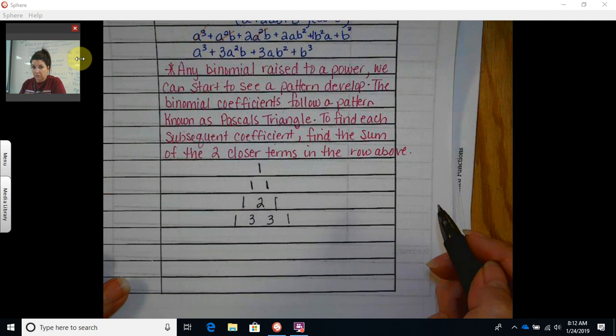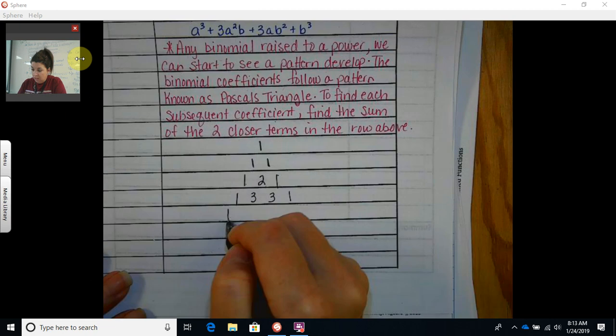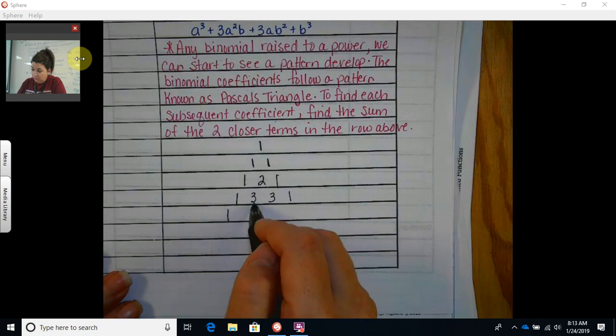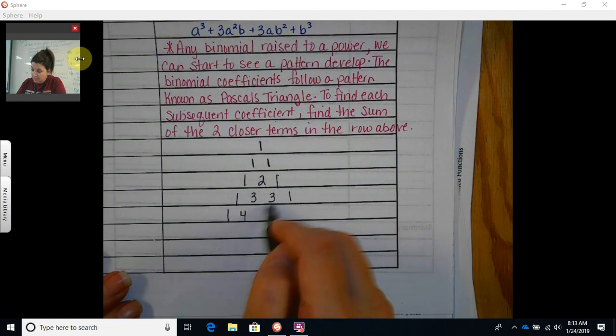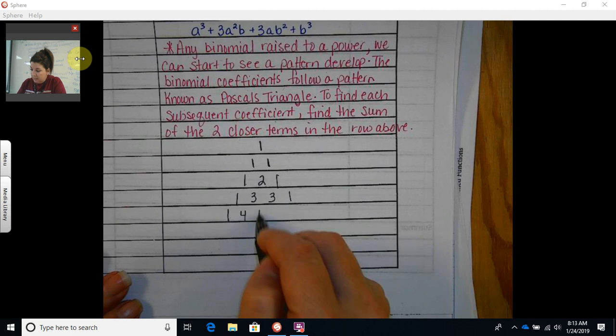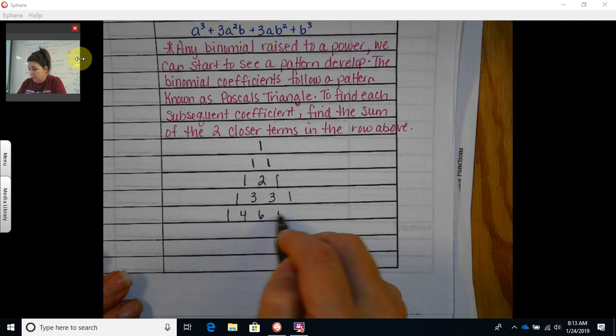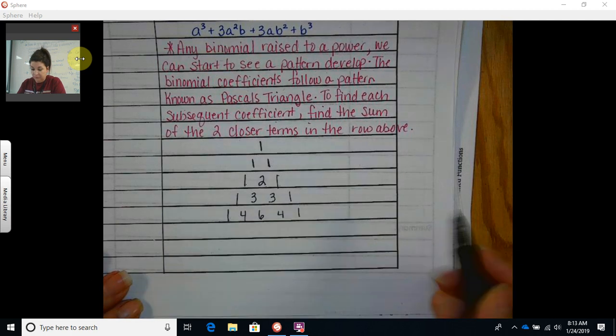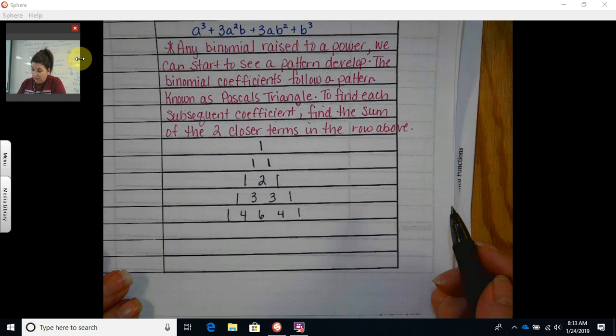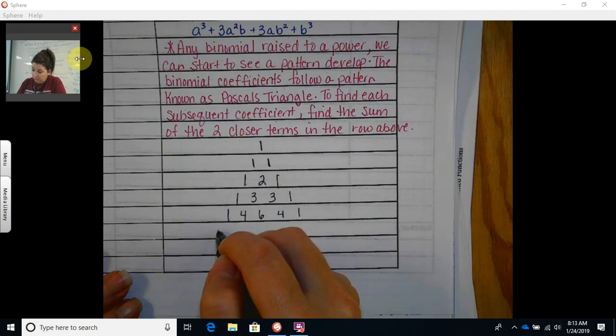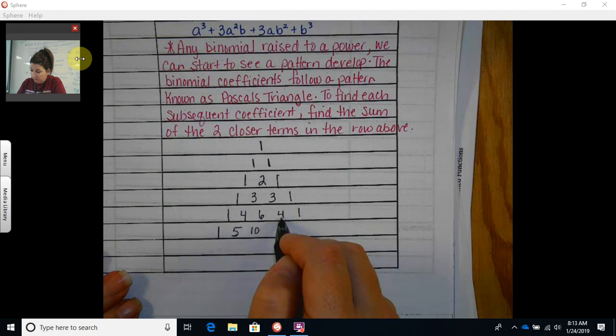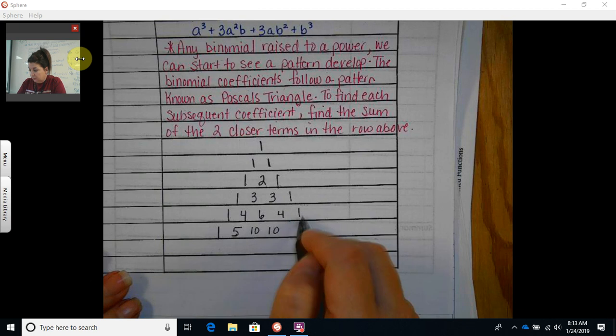My next row starts with a 1. 1 plus 3 is 4, 3 plus 3 is 6, 3 plus 1 is 4, put a 1 on the outside. The next row, start with a 1. 1 plus 4 is 5, 4 plus 6 is 10, 6 plus 4 is 10, 4 plus 1 is 5, put a 1 on the outside.